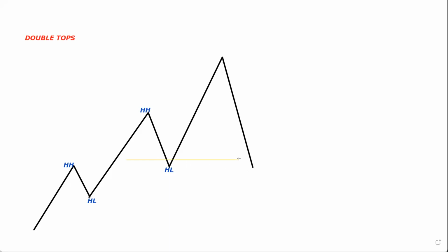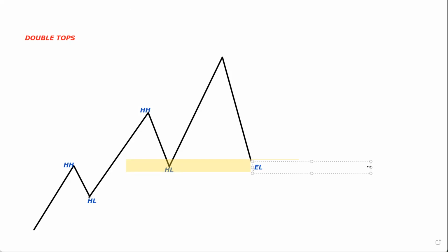No, it's going to be in the same zone. It doesn't mean they have to be exactly the same. You might see a wick or something like that, but they are going to be in the same zone. This is what we now refer to as an equal low.